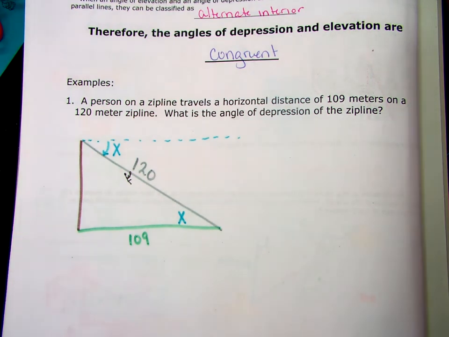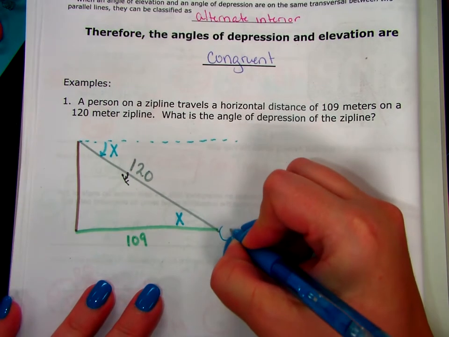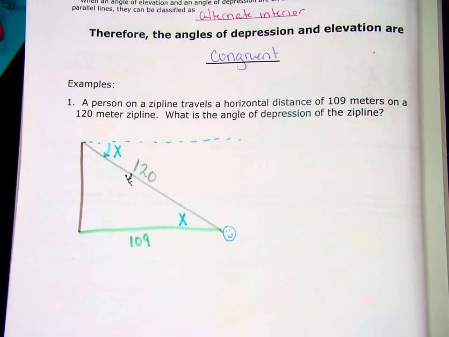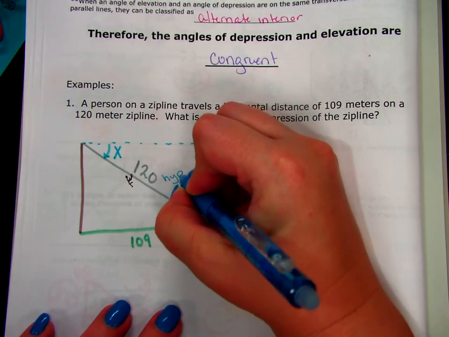All right, so now let's solve this problem. We have two x's, but when we put our smiley face, we want to put it by this x that's inside the triangle. Where's my hypotenuse? 120. Okay.